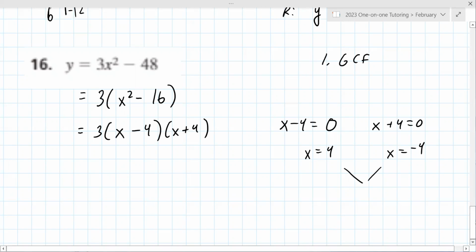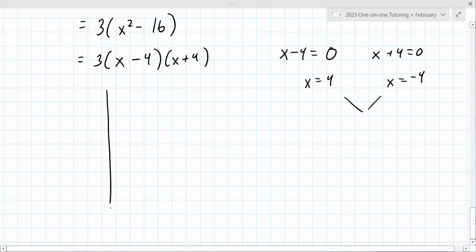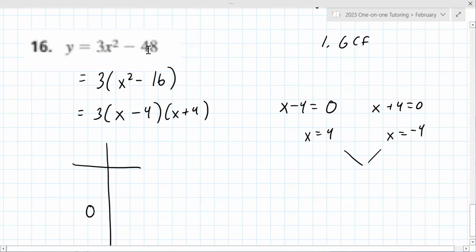Okay. So then the vertex is 0, 0. It's at 0. We don't know what the y value is yet. You go back to this equation, the factored form. Be careful not to jump to conclusions on that. Okay.